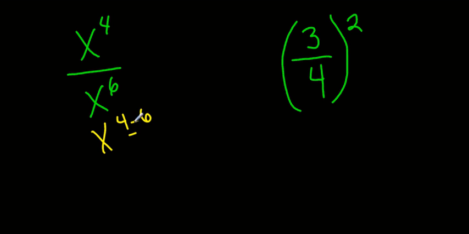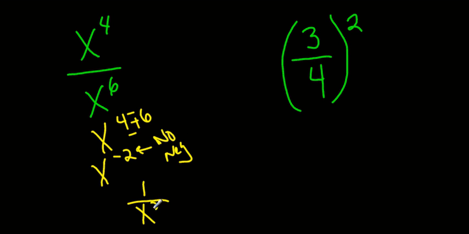And I'm going to end up with x to the negative 2 power. Now again, I have a negative exponent, and the rule is no negatives in my exponent. So I'm going to go ahead and make that 1 over x to the 2nd power. And there is my simplified answer. I don't know what x is, so I can't go any farther.